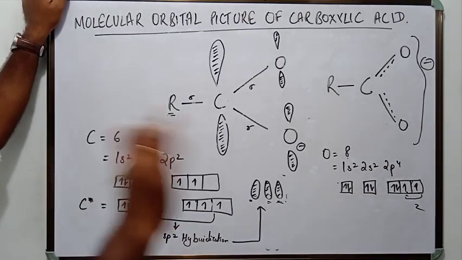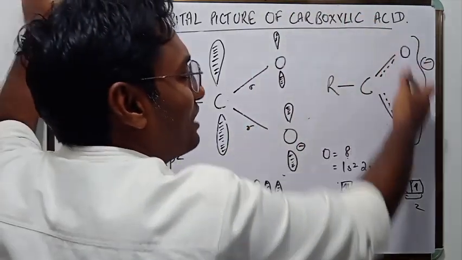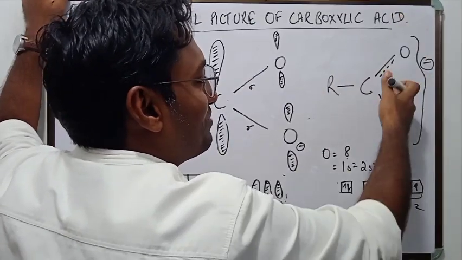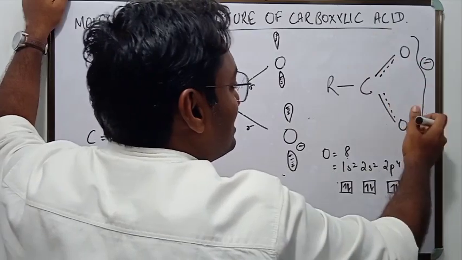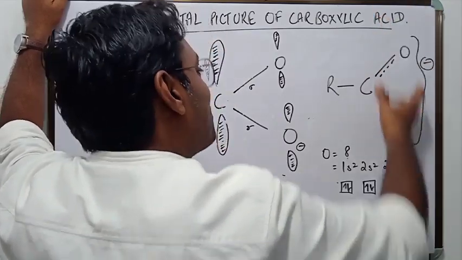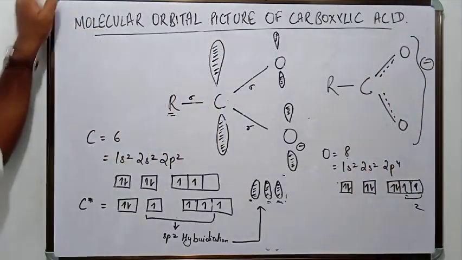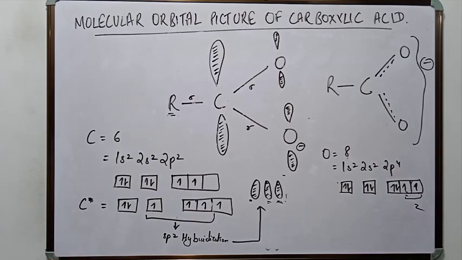The pi electrons are delocalized between the two oxygen atoms. Sometimes the pi cloud is here, sometimes the pi cloud is here. With the result, the electrons are getting delocalized among the two oxygen atoms. Dear students, this is the reason for resonance. I have given you the reason for resonance by using the molecular orbital picture of carboxylic acid.